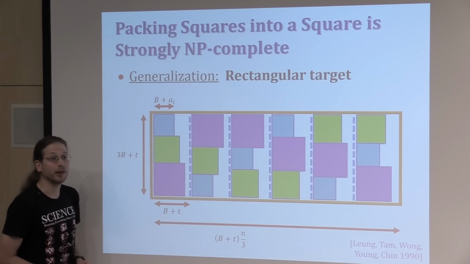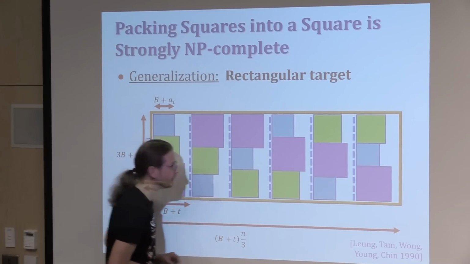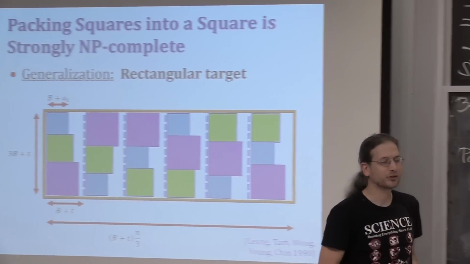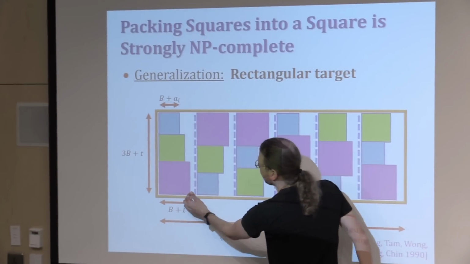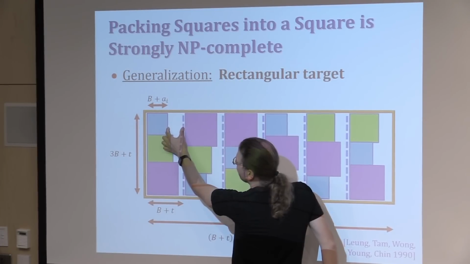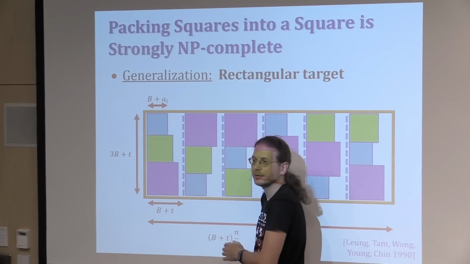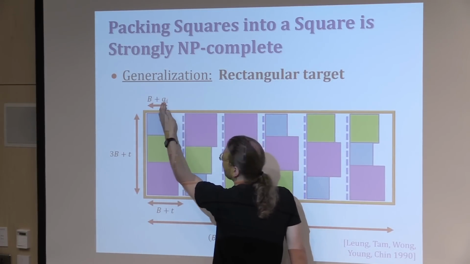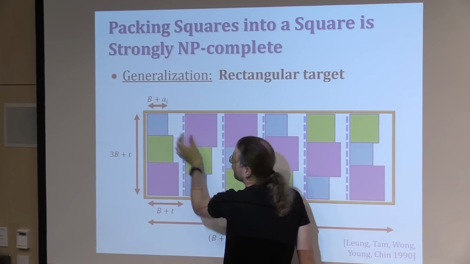It looks like a lot of slop, but that's because I drew this with the squares very different in size. If we compute the amount of slop, the maximum, if you look at this distance, it's at most t, certainly. Even if a_i were 0, which is not allowed, then this distance would be t, so it's going to be even smaller than that.